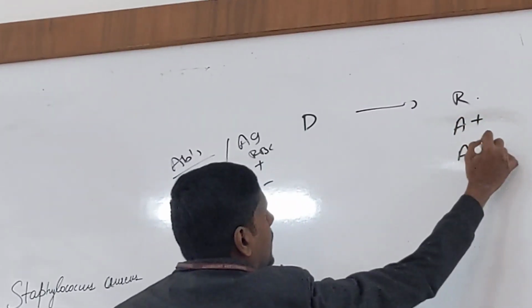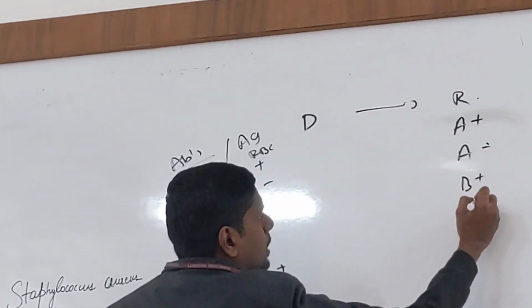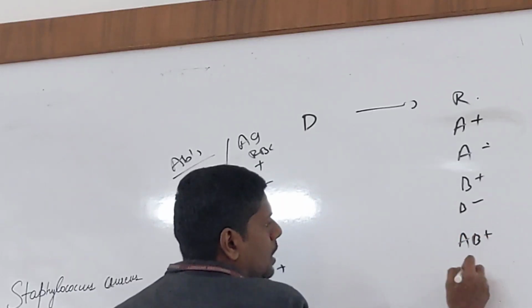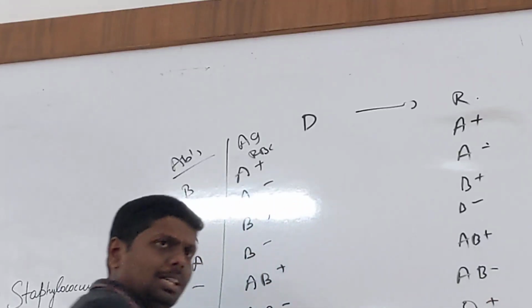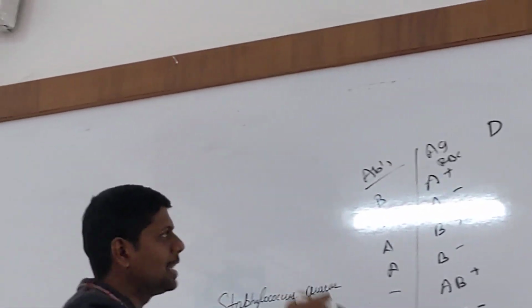A positive, A negative, B positive, B negative, AB positive, AB negative, O positive, O negative. Now see, some interesting things happen based on all these rules.